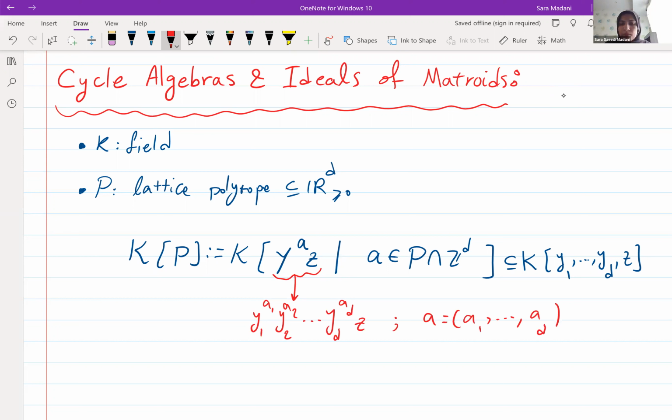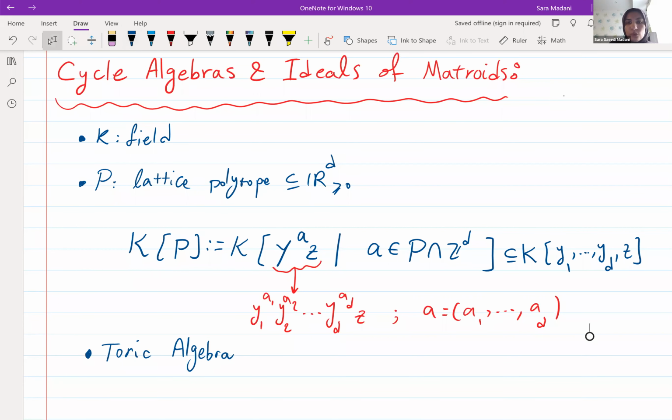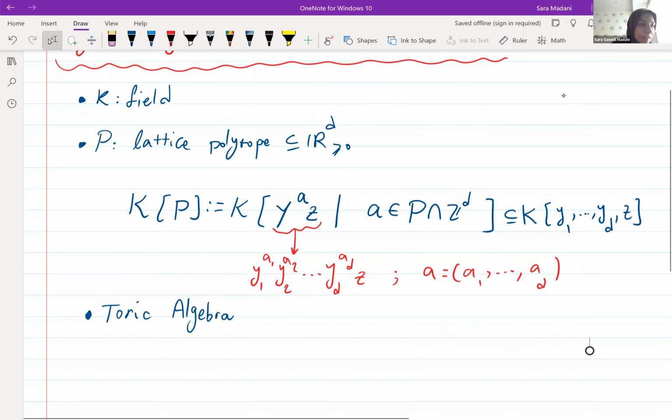So we write this short form to denote our monomials of this type, and this exponent vector comes from the lattice points of the polytope. So always we can define such an algebra, which is indeed a toric algebra, I mean, a special type of algebra. If you do not know what a toric algebra is, don't worry. I don't want to use the properties that much.